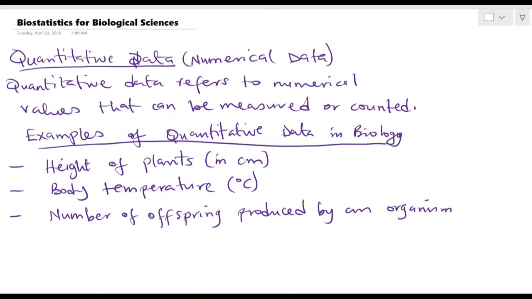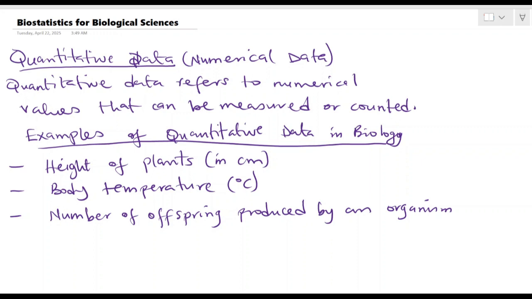So that's an example. It has to do with number, a numerical value. Just like we saw the types of qualitative data, quantitative data also has different types and categories. So in the next slide, we begin by looking at these different types and categories of quantitative data.